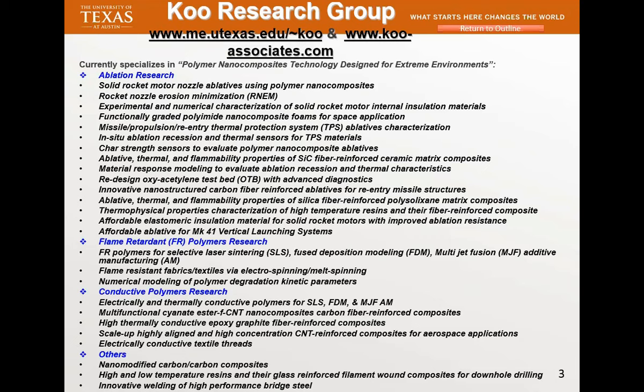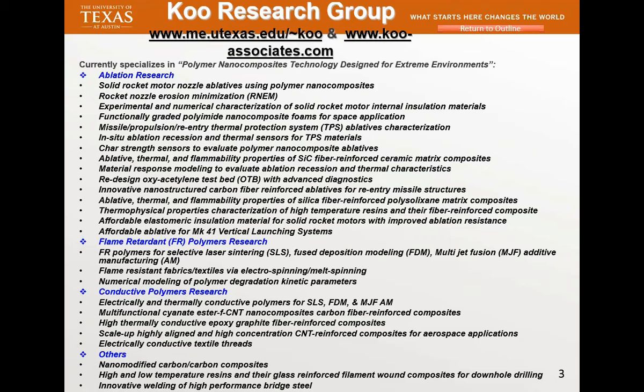And another area we work on is conductive polymer research. Polymer is insulating. In order to make it conductive, you need to add some nanomaterials in there. Depending on what kind of application you do, you will make it electrically or thermally conductive.